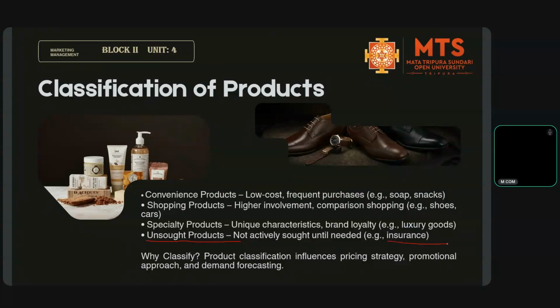These are products which we generally don't require, but we have to purchase to secure our family members or their lives. So, why have we classified? Product classification influences price strategy, promotional approach, and demand forecasting.